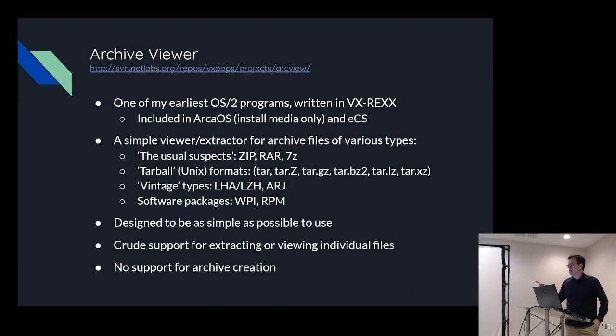In the last few versions, 2.1 specifically, I think, I have added support, which is, again, crude, for viewing or extracting individual files within an archive. It's not terribly elegant under the hood. It basically does it by extracting a single file to your temporary directory, and then if you chose view, it'll open it in a text editor or an associate.